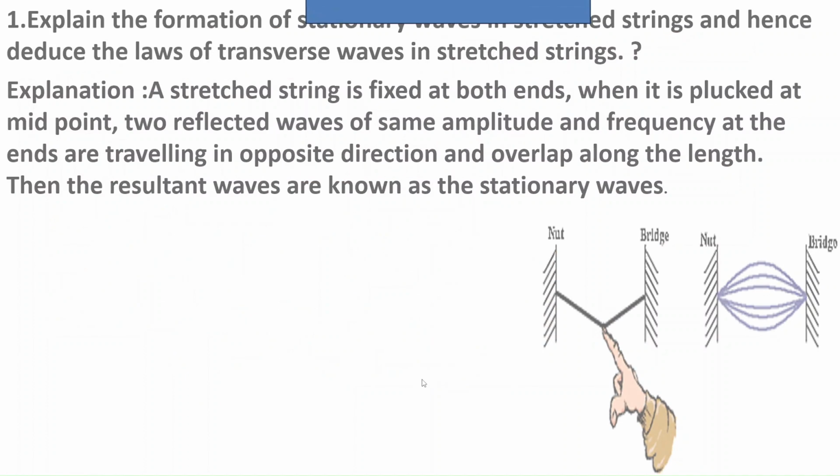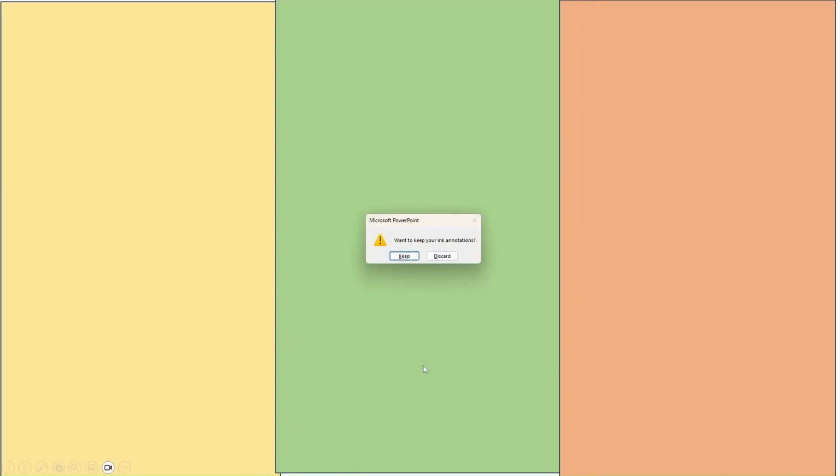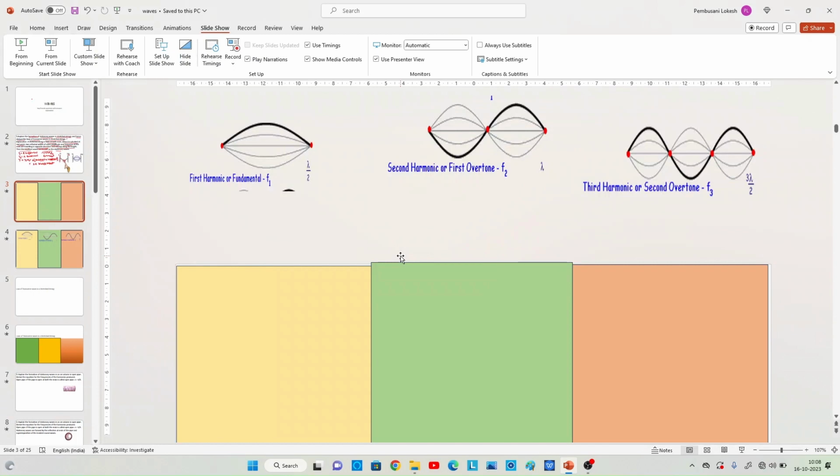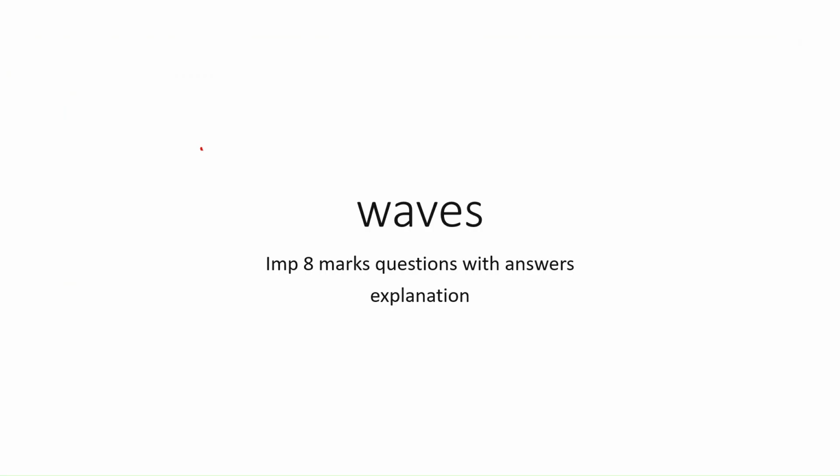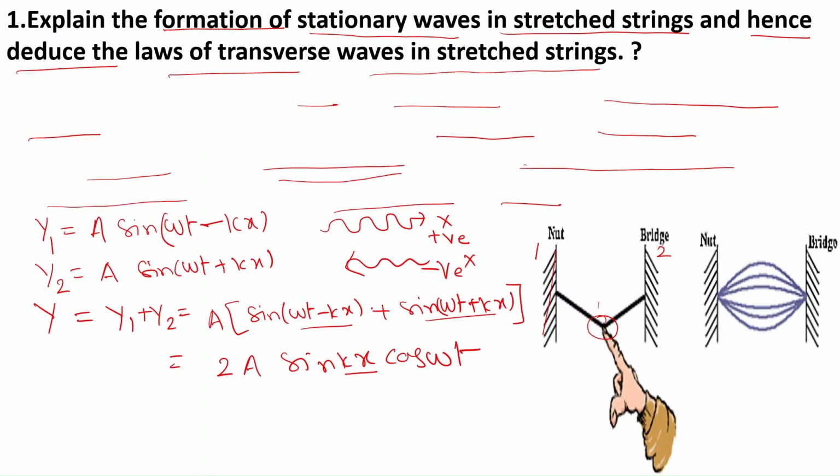Here I consider sin kx and cos omega t. One term denotes the node, and another term denotes the antinode. So here, nodes and antinodes.